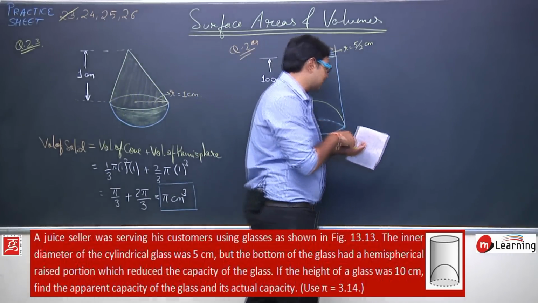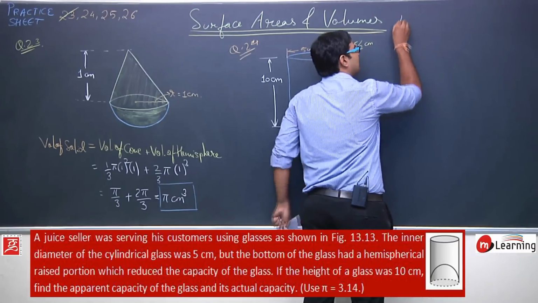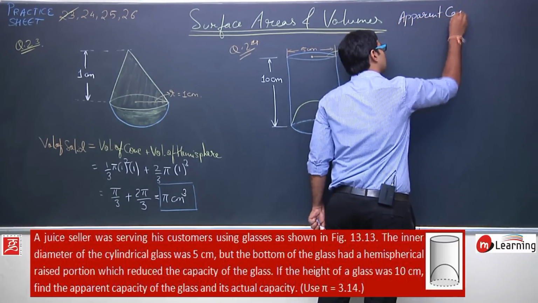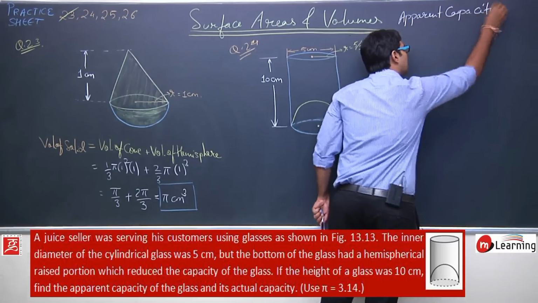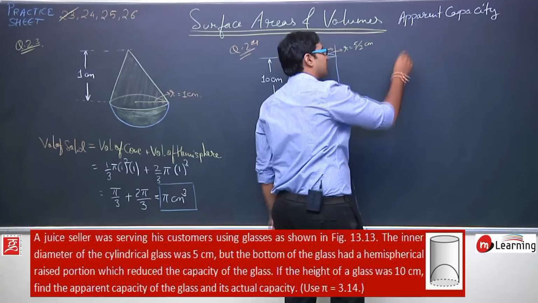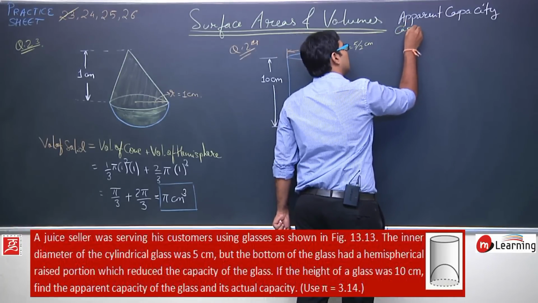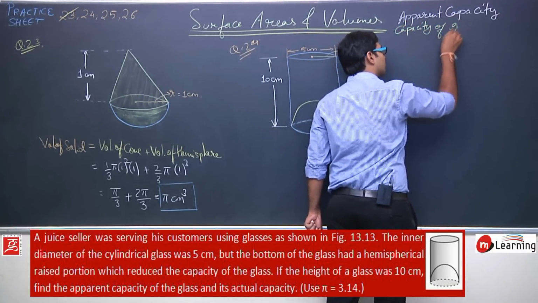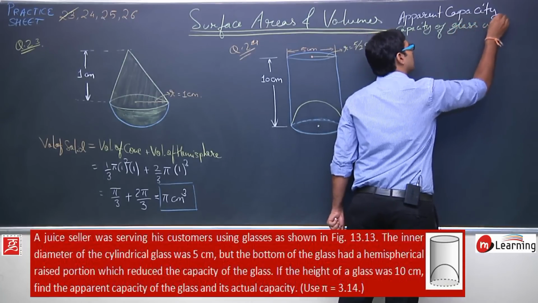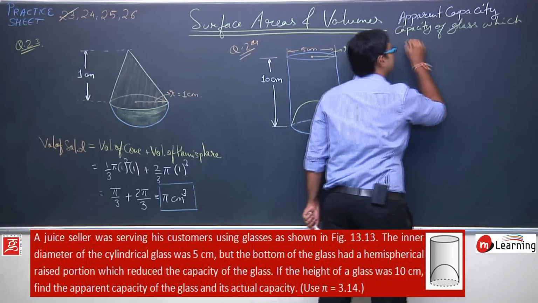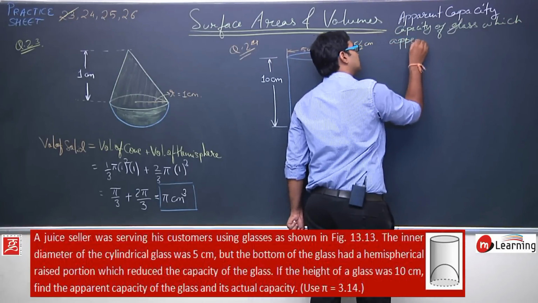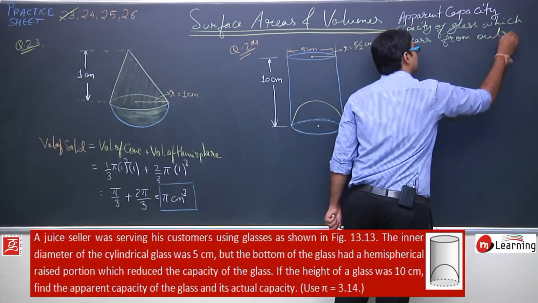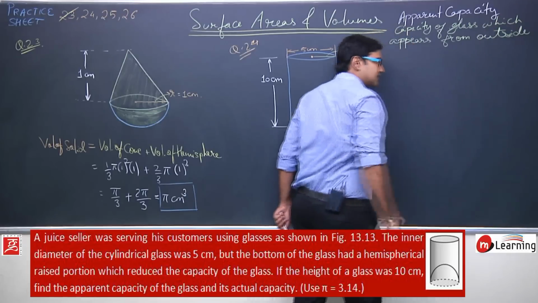So what I want to say is that apparent capacity is the capacity of the glass which appears from outside, or which is a false capacity.